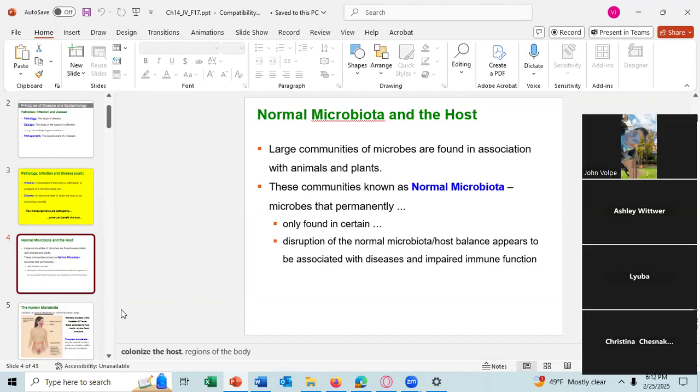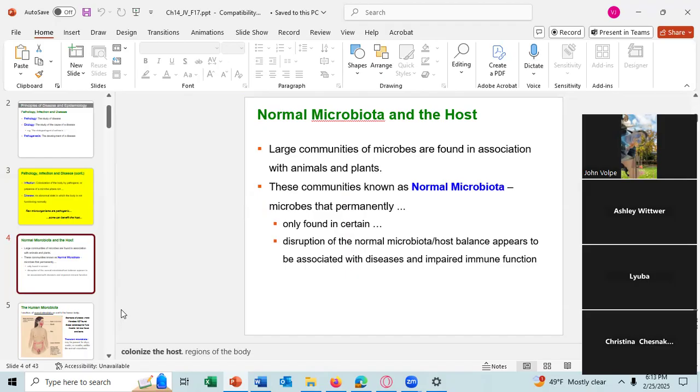These communities living with us and on us or in us are collectively known as the normal microbiota, microbes that essentially colonized you shortly after you were born and then stayed with you. So the normal microbiota is normally with you all the time you're alive.